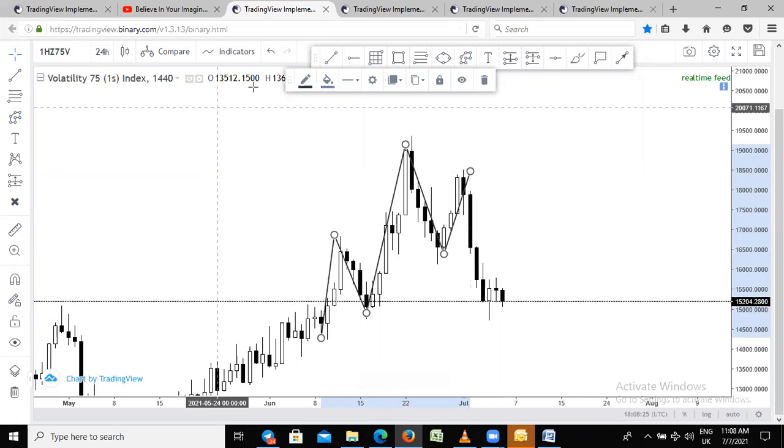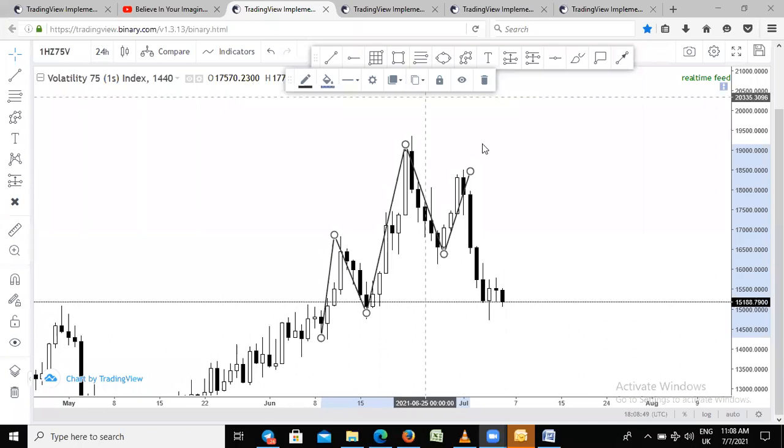What can we see next? What do we see here? It didn't give us a higher high, right? Market broke structure, and the higher high didn't form.